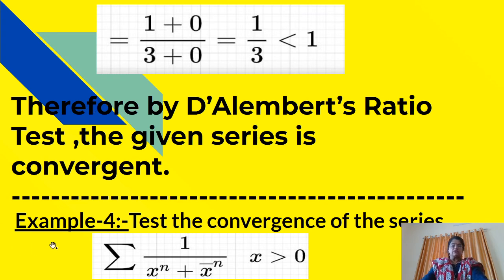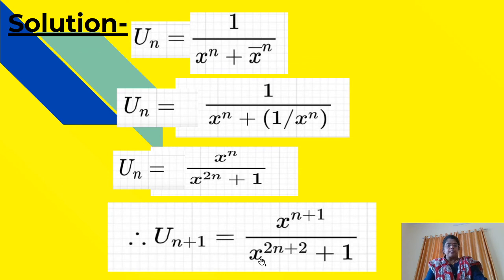Now see the fourth example. Test the convergence of the series summation 1 upon x raised to n plus x raised to minus n, where x is greater than 0. See the solution of the fourth sum. Let the given series be un, that is un is equal to 1 upon x raised to n plus x raised to minus n.